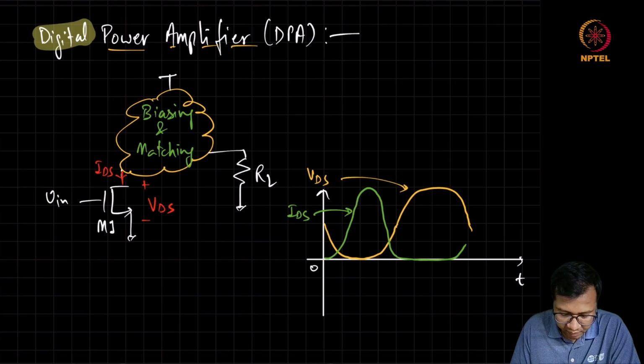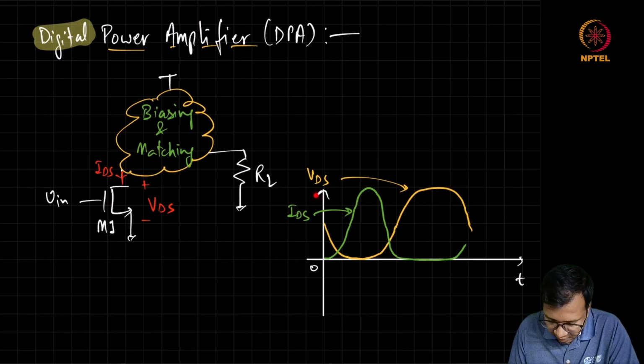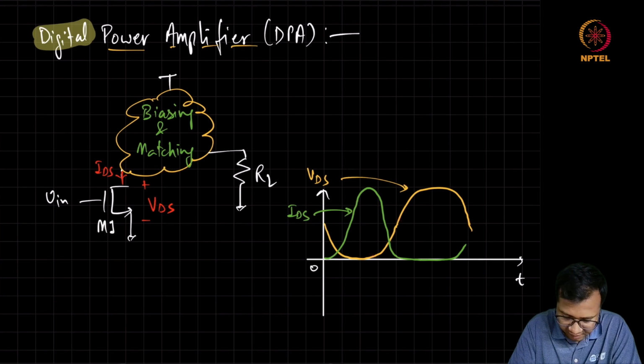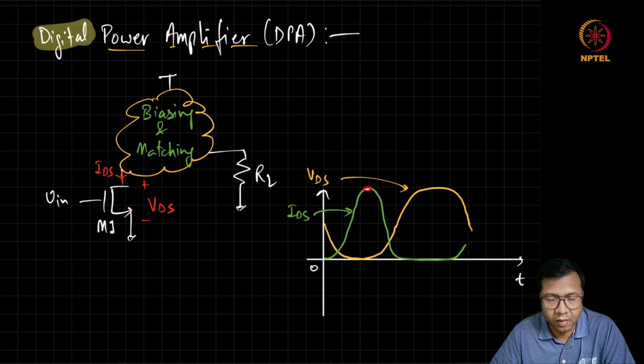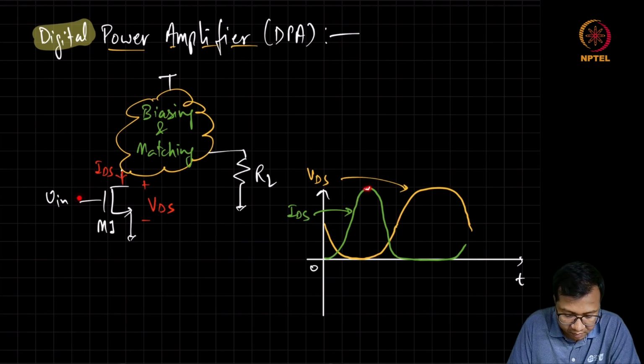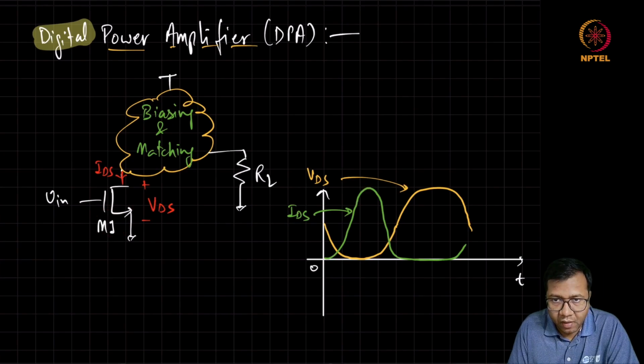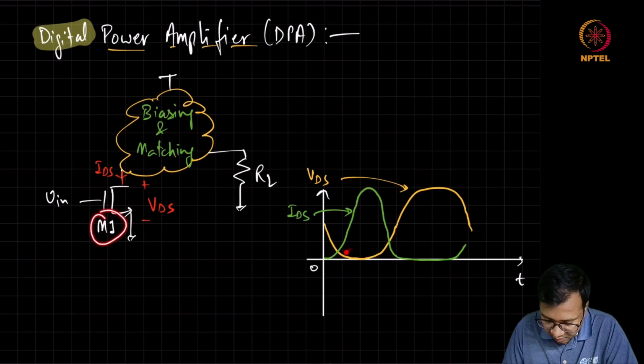Then we can find the power dissipation in this M1 as the product of this VDS and IDS. By looking at this waveform, we can see that when the current is going high, it means the transistor is in a highly conducting state. Then the VDS also drops. Whereas when the transistor becomes less conductive, the current reduces while the voltage across the transistor increases.